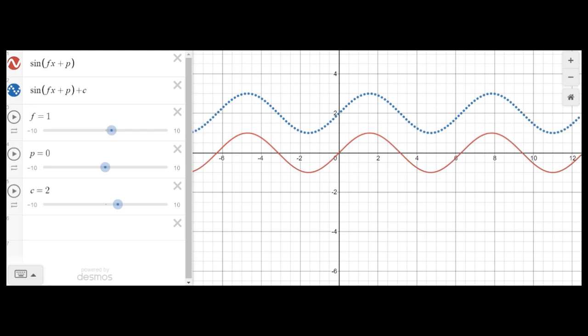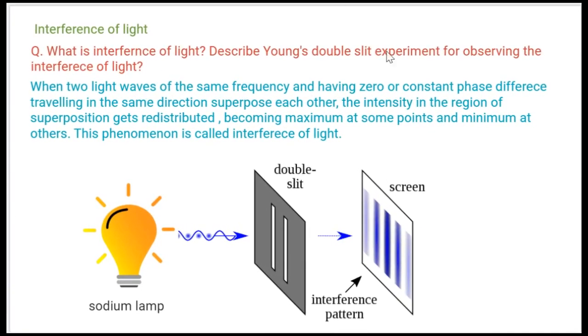Some places it will be more bright, some places less bright. This is what is meant by intensity. How bright your light is, is your intensity. So if you consider two light waves having the same frequency and a 0 or a constant phase difference traveling in the same direction, the two light waves will superpose each other.